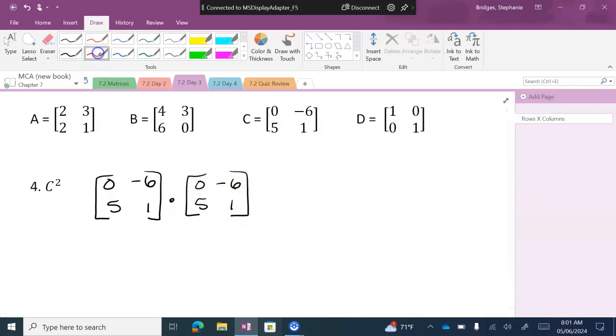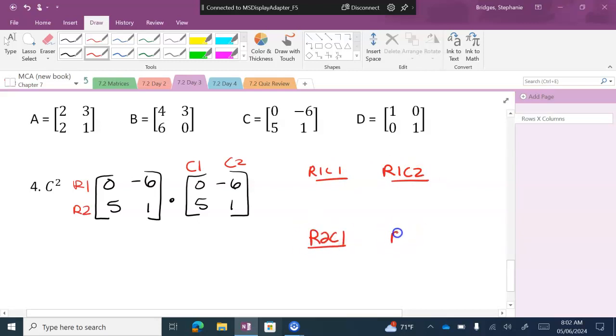You can label your rows and your columns. And then set it up, row 1, column 1, row 1, column 2, row 2, column 1, and row 2, column 2. I'll give you some time to do that.